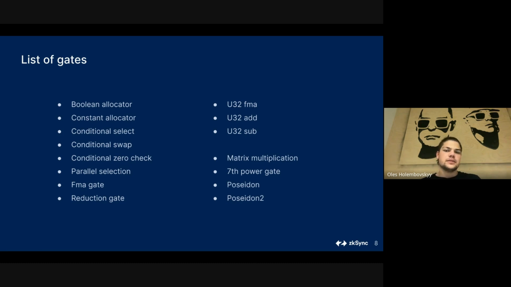So when it's not efficient to use Poseidon 2, we use the 7th power gate, which is just x to the power of 7 minus y equals 0, so y is equal to the 7th power of x. And matrix multiplication, we need to do it, it's just the linear part of the Poseidon 2 round function. Okay. Any questions about our gates?